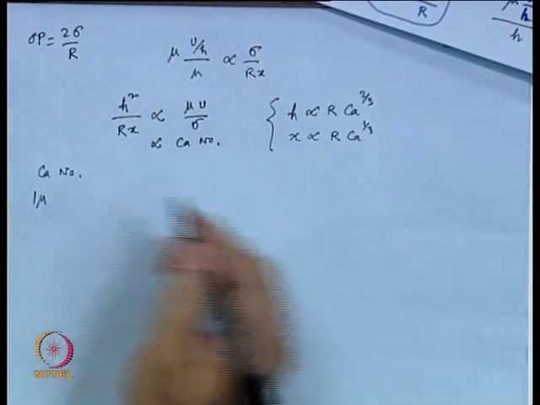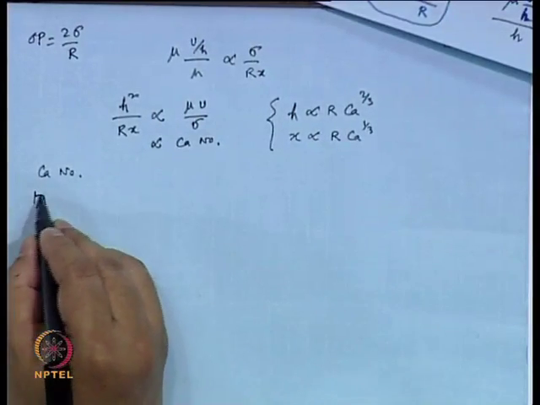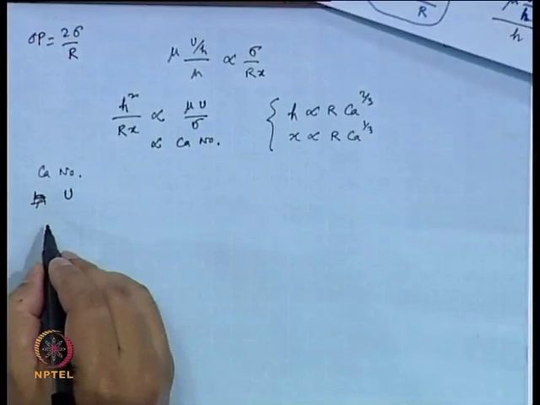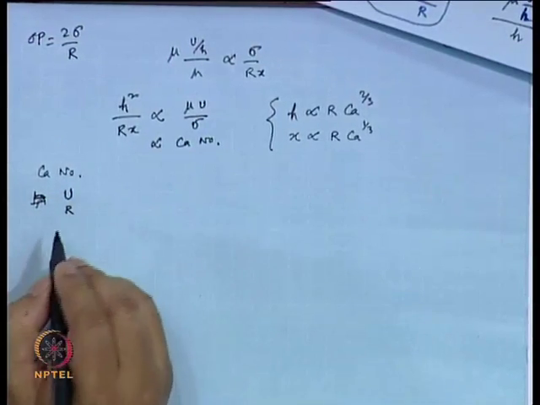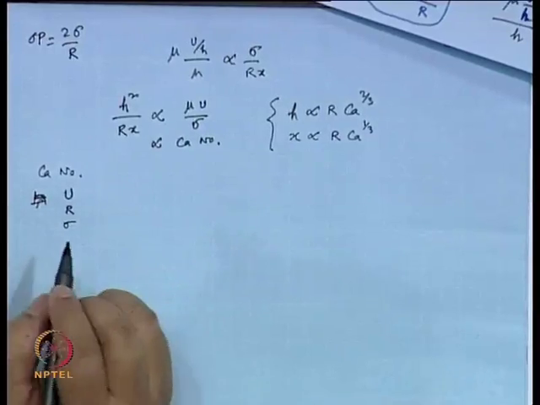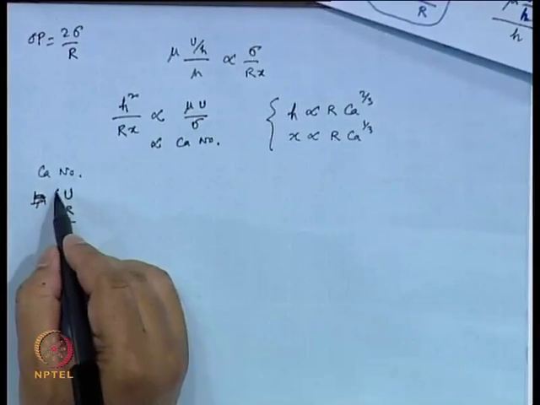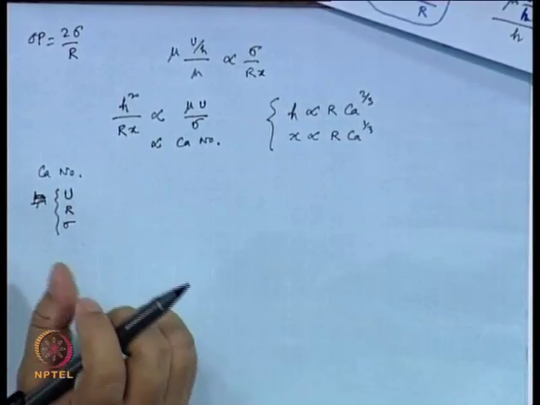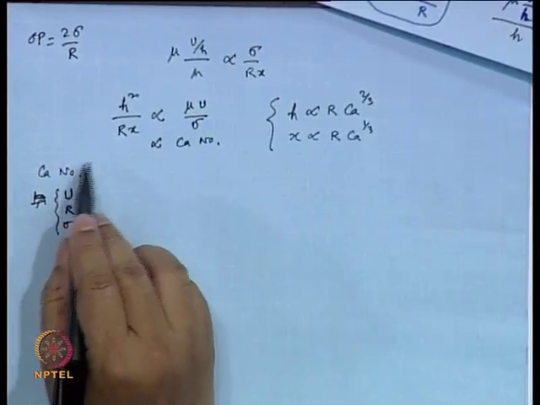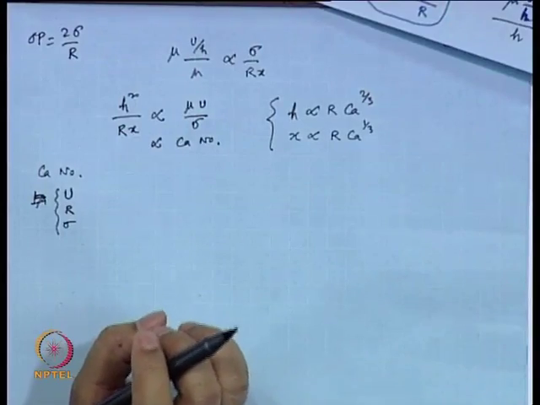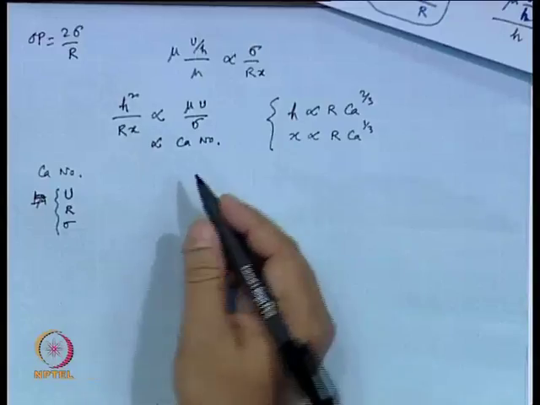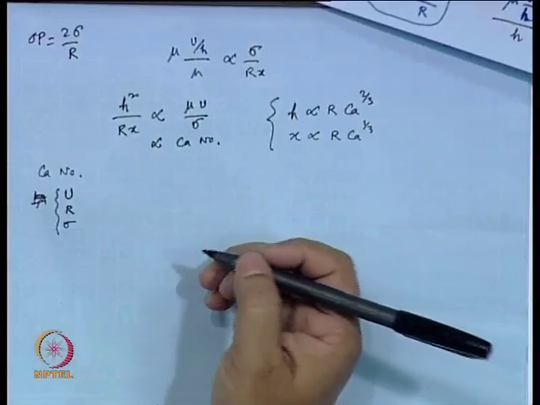Depending on what the bubble speed is, that means what u is, you can find out depending on what is the value of r and what is the value of sigma. So, if you know these values, you can find out the capillary number, and from that you can find out what the film thickness, the h we are referring to, would be.